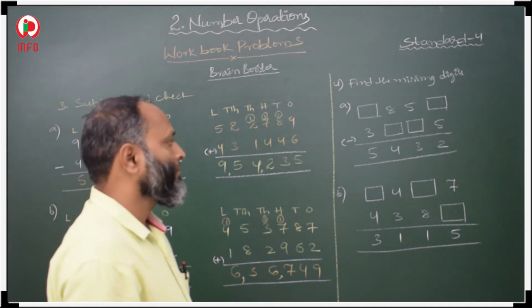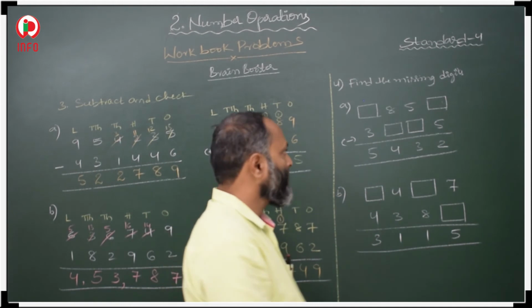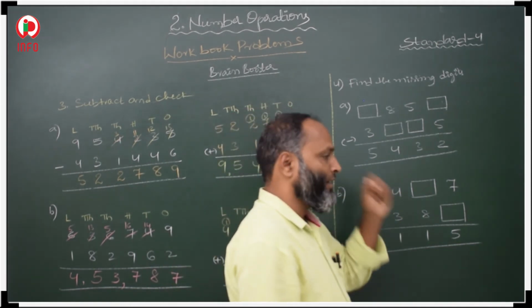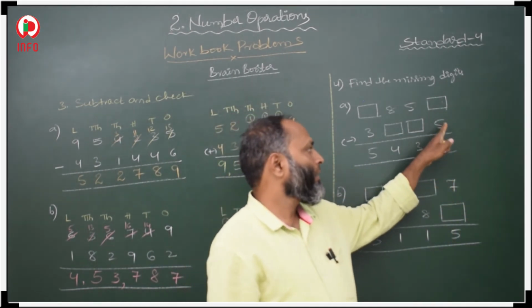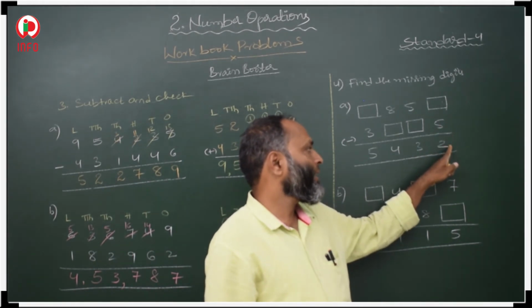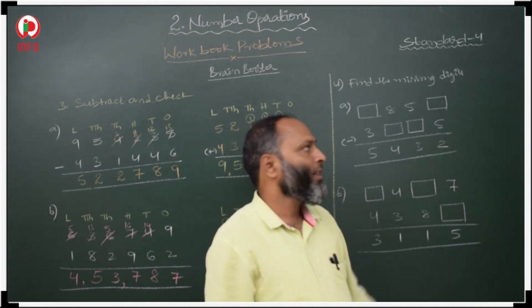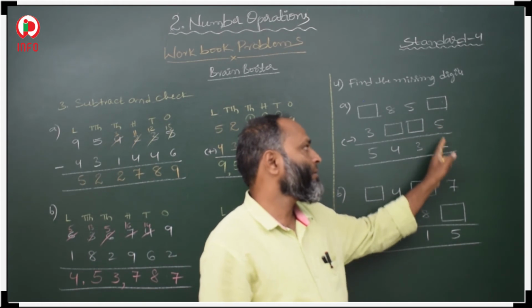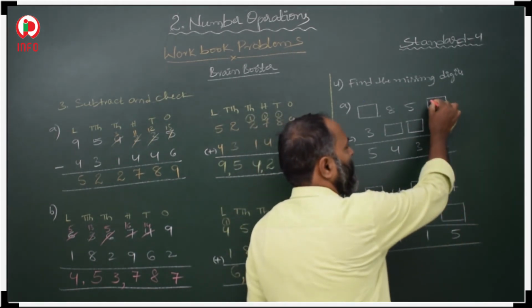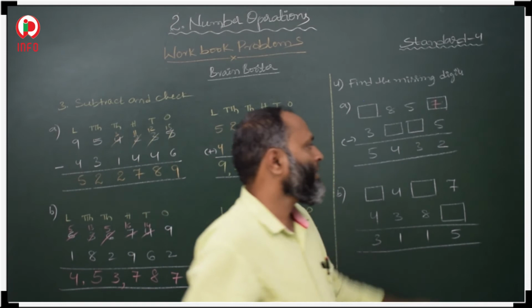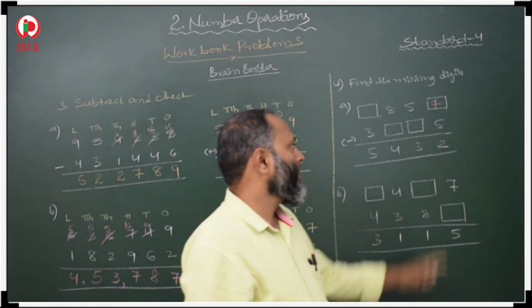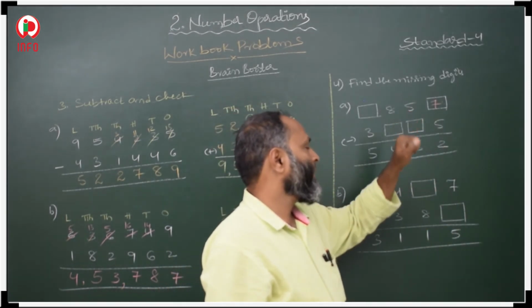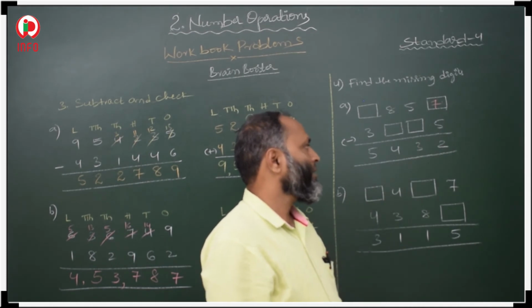Next, here missing digits we have to find. Here subtrahend is given and the difference is given. Then how to get the minuend? Add these two. 5 plus 2, 7. Then here minuend is given, here subtrahend is given.